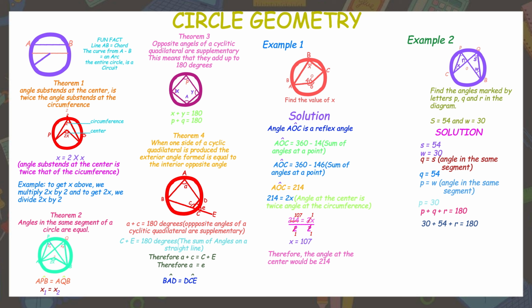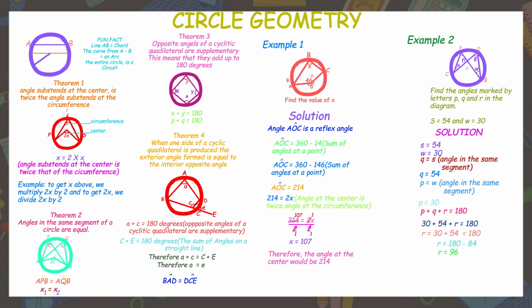That means that we are going to have it as, what is P? P is 30, plus, what is our Q? Plus 54, plus R equals 180 degrees. So 30 plus 54 will give us 84, plus R equals 180 degrees. So our R is equal to 180 minus 84.